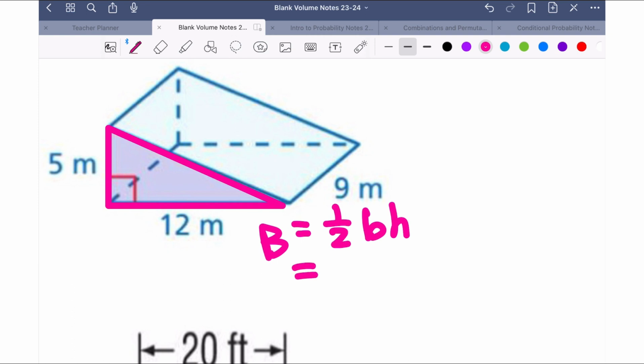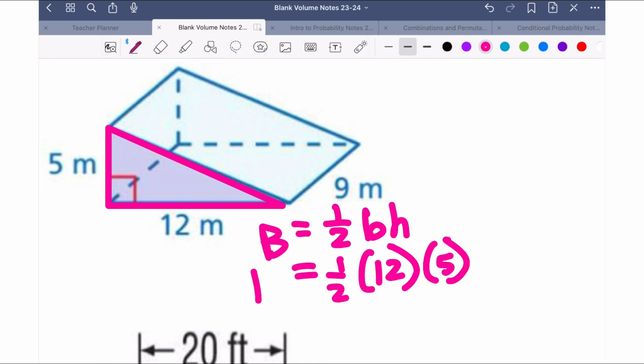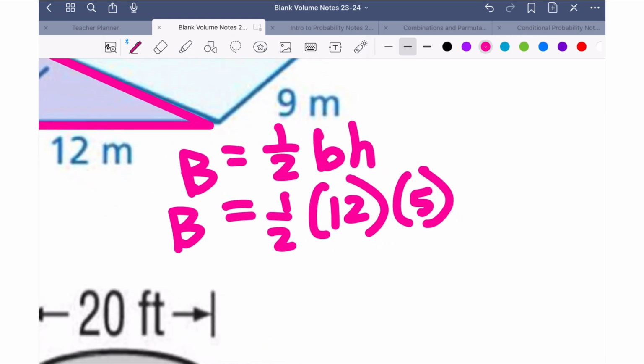Okay, so we're going to fill that in. Write the formula first. So looking at this triangle to get the area of it, what is the base length? The base of the triangle is 12. What's the height of the triangle? The height is 5. So when we calculate that, half of 12 is 6. 6 times 5 is 30. So your area is 30.